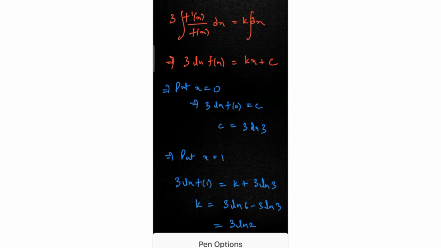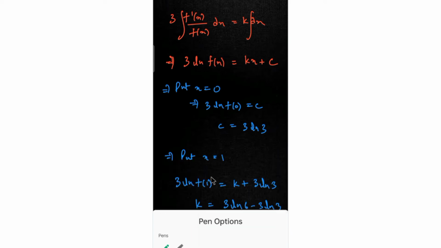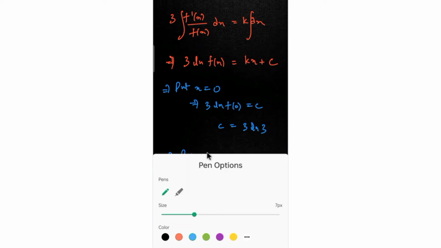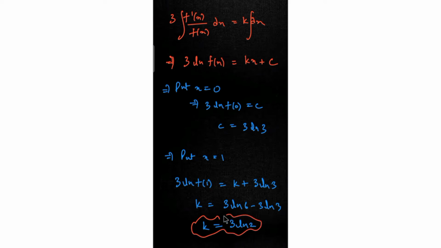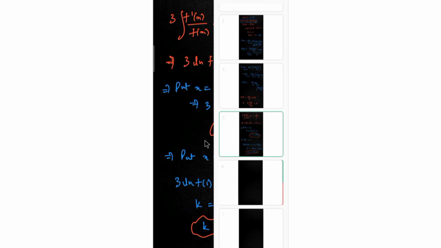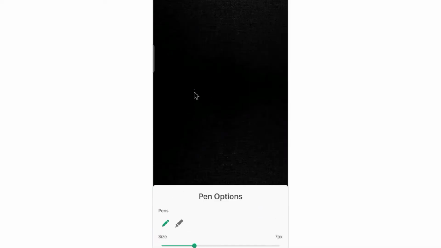So we got the value of k to be 3 ln 2 and the value of c to be 3 ln 3. So you can just put these two in this equation, isn't it? When we put these in, we get 3 ln f of x is equal to 3 ln 2 x plus 3 ln 3.